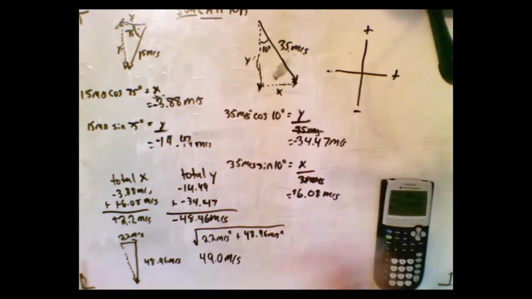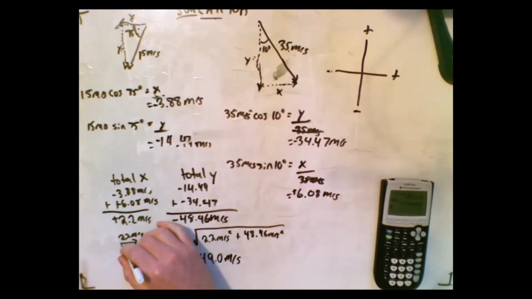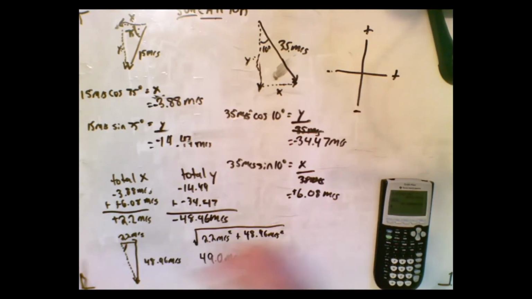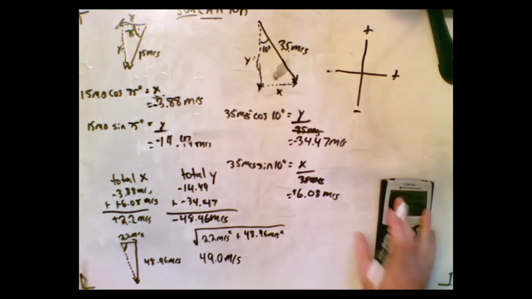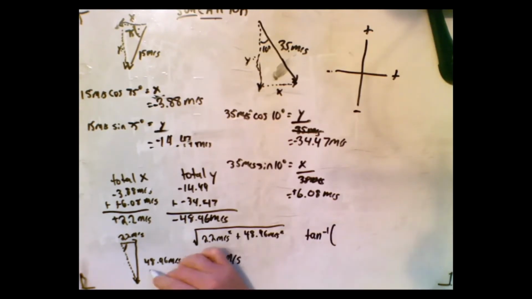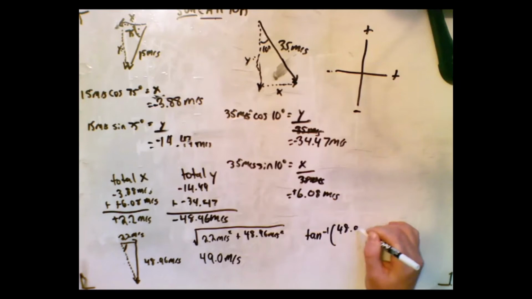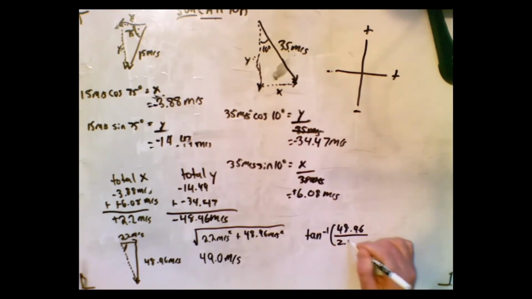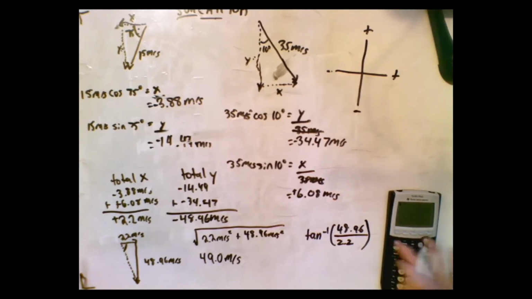And then we can find this angle here. Remember, we find the angle with no arrows on it. And we have opposite and adjacent, so we want to use tan -1 of opposite, 48.96, over adjacent, 2.2. And we type that in.